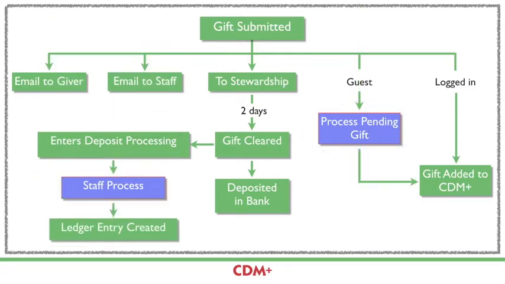And what happens then is a ledger entry is created in CDM Plus. And at that time also, you get an update to the gift that was added automatically or was added through process pending gifts, saying that it's posted.